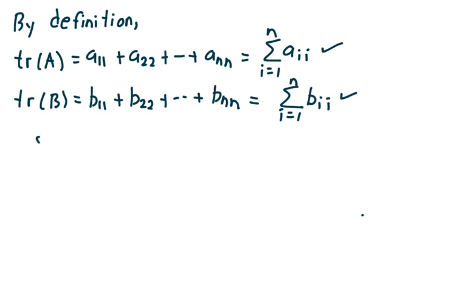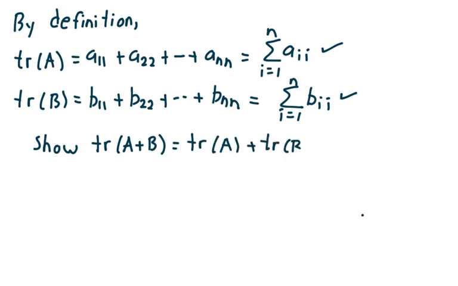Now, remember what we want to show. We want to show that the trace of A plus B is equal to the trace of A plus the trace of B. That's what we're trying to show.